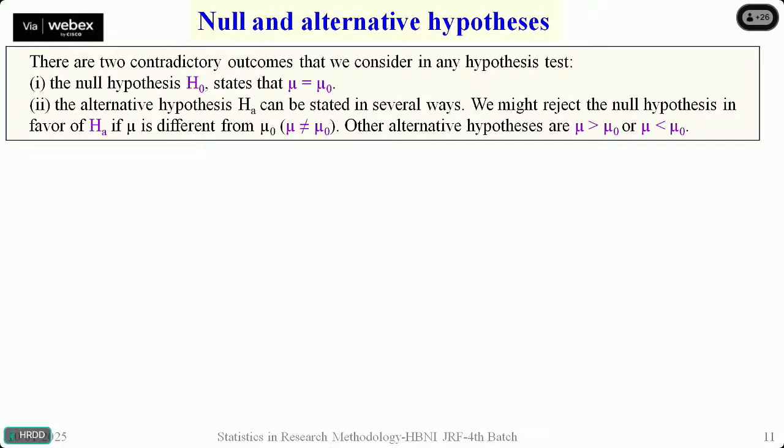Another way of telling: if there is an upper tailed distribution we are relying upon to compare, then we say that mu is greater than mu 0. That is one alternative hypothesis where the proposed value is significantly larger than the actual value.